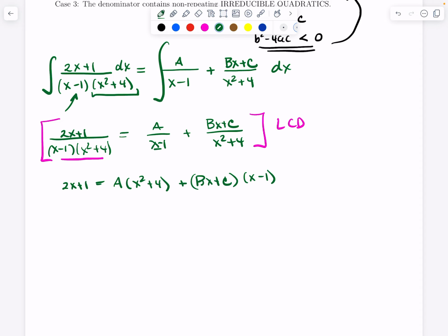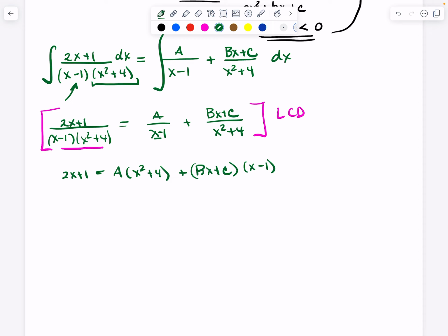Okay, so we have 3 unknowns, so that means we have to have 3 different equations to find those unknowns. We like the zeroing out, but notice we cannot zero that one out, because of that irreducible quadraticness.